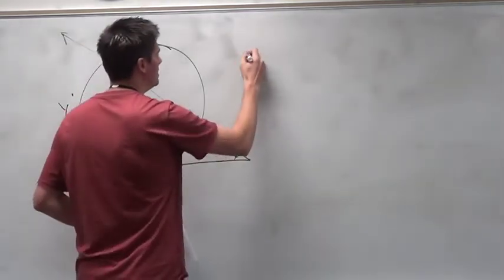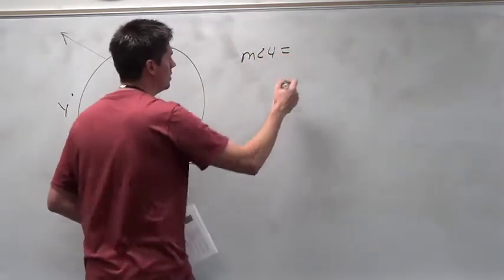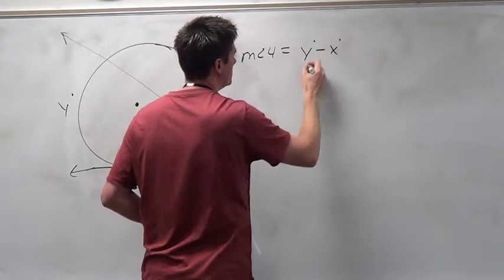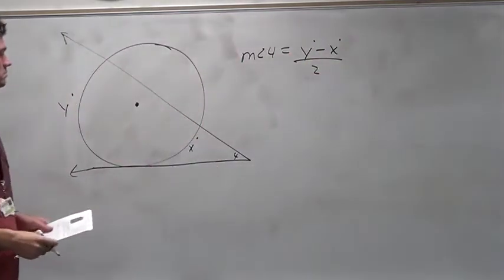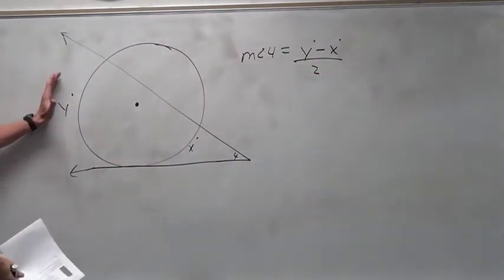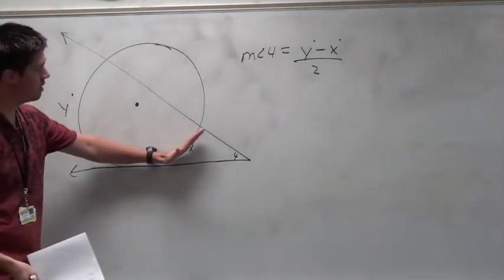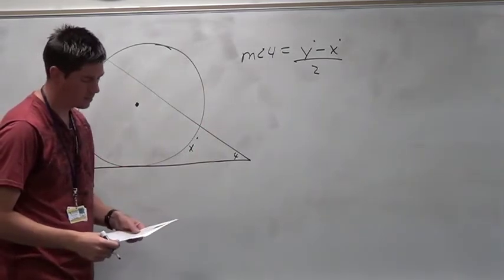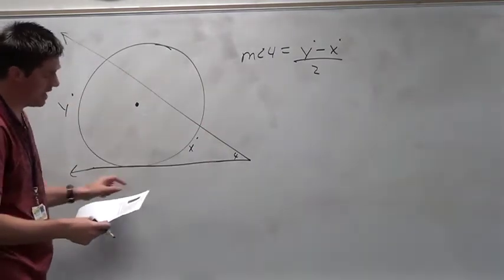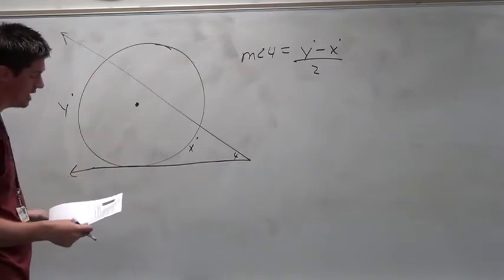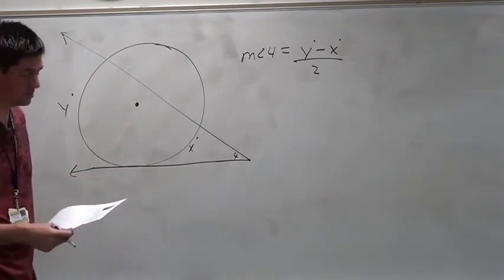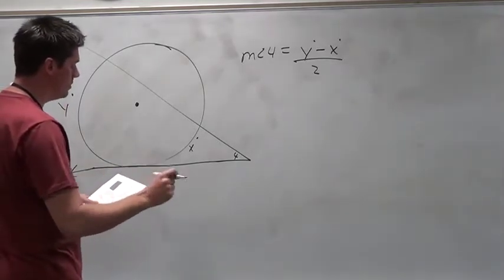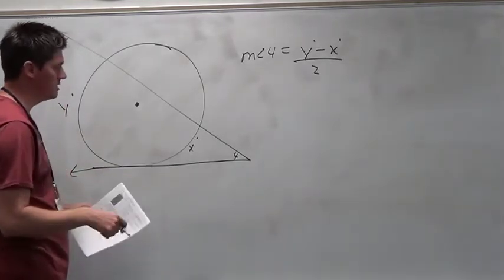So in this case, the measure of angle 4 would equal y minus x, and you would divide by 2. So you always take the bigger of the arcs, subtract the smaller arc, and divide by 2, and you will get this outside angle. How is it formed? Once again, it's a tangent secant angle formed by a tangent and a secant at a point outside the circle. In the comment section, measure of the angle equals half the difference of the intercepted arcs.